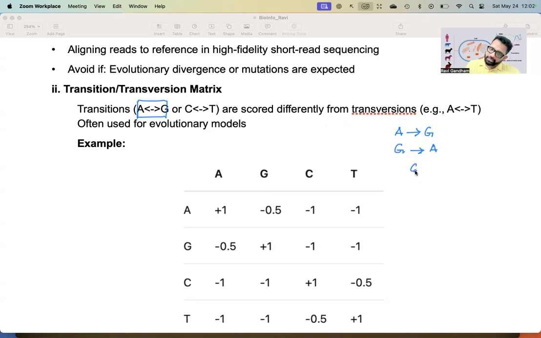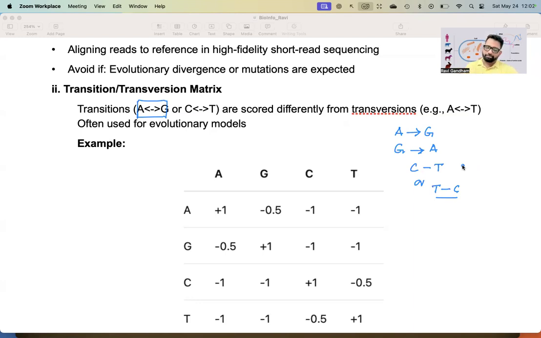Similarly, if it is from C to T or from T to C, it is called a transition. Anything other than that is called a transversion, meaning from a purine to a pyrimidine or a pyrimidine to a purine.